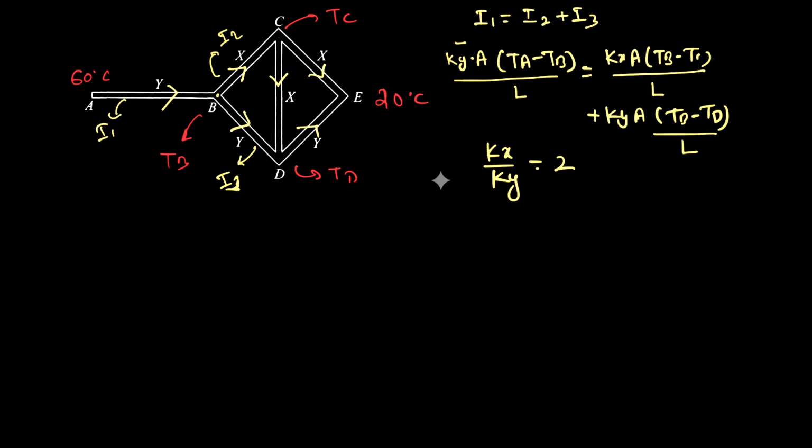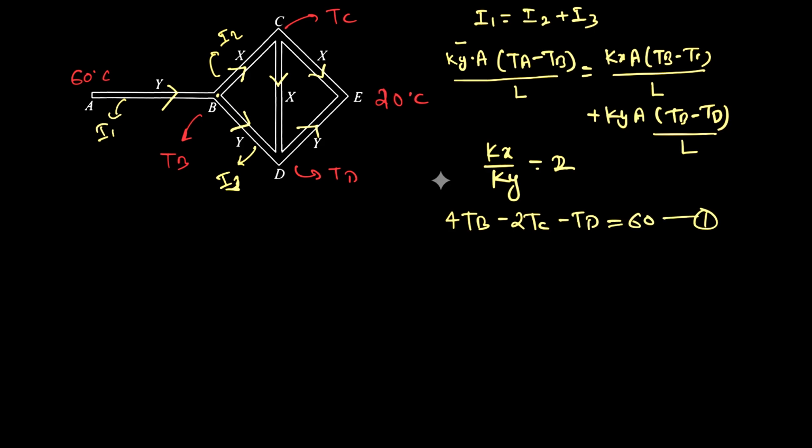If I use that data, finally what I'll get is 4TB minus 2TC minus TD equals 60, equation number 1.